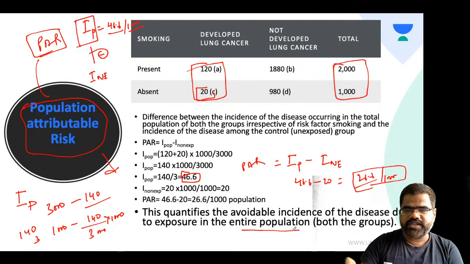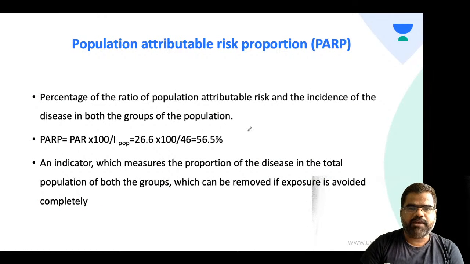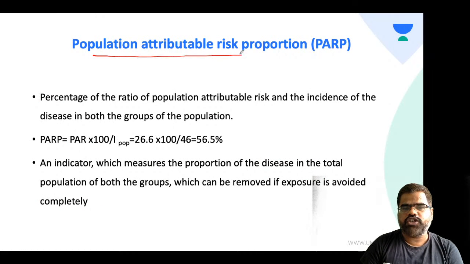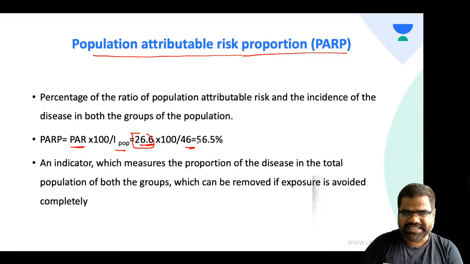Now can you express this 26.6 in percentage? So that becomes population attributable risk proportion, PARP. So population attributable risk we have already calculated, which was 26.6. Incidence in population we know is 46.6. So this 26.6 in this 46.6 is how much percentage? That is 56.65%.